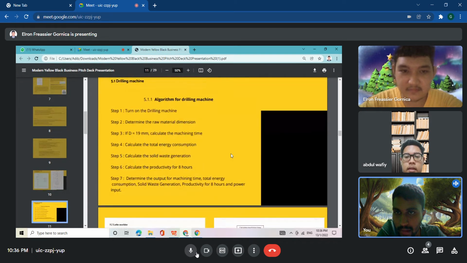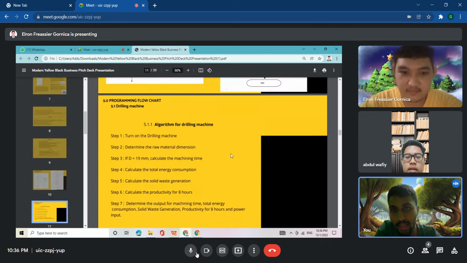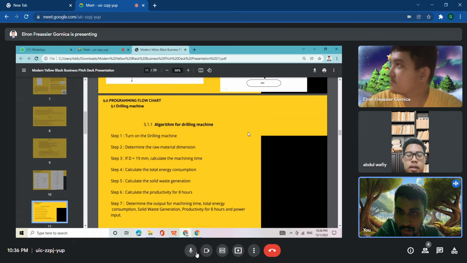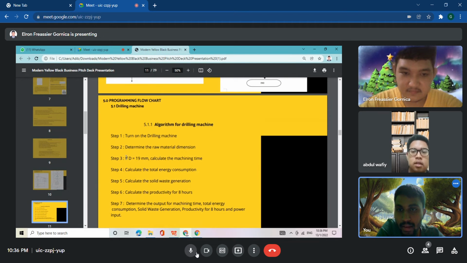For the drilling machine we have 7 steps. These are the algorithm for the drilling machine. Step 1 is turn on the drilling machine. Step 2 is determine the raw material dimension. Step 3, if diameter is 19 mm, calculate the machining time.